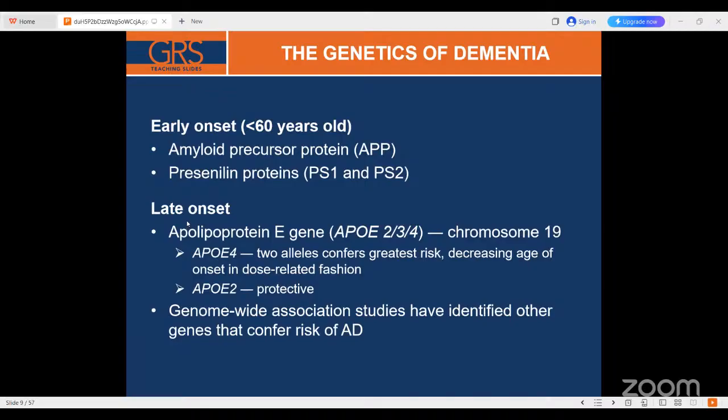Late onset dementia is caused by the apolipoprotein E gene. We have E2, E3, and E4 on chromosome 19. Apolipoprotein E4 increases the risk of dementia, but E2 is protective. Genome-wide association studies have identified other genes that confer risk of Alzheimer's disease.